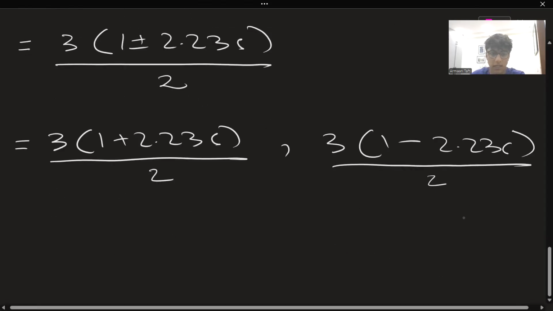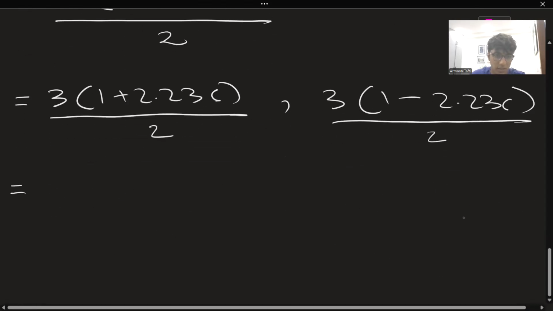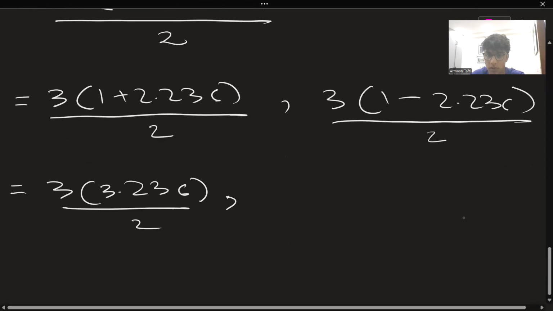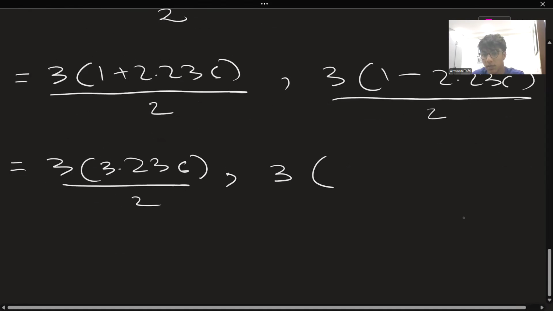And now it's just simple calculations. 3 times 3.236 by 2, comma, 3 times 1 minus 2.236.